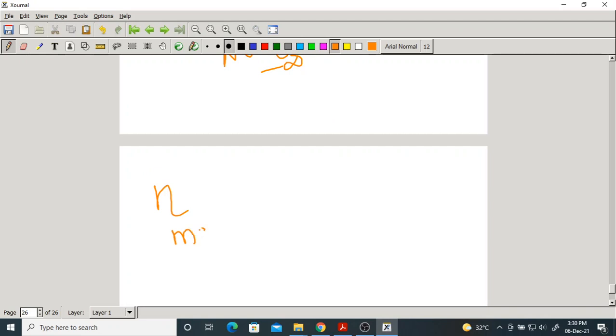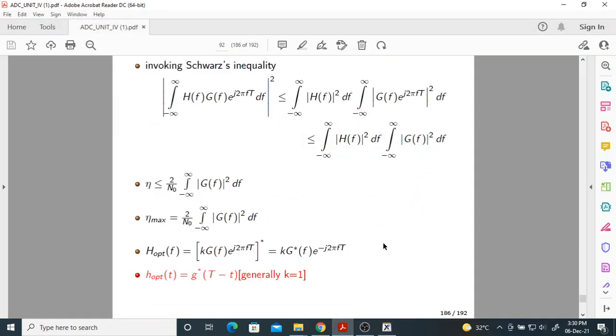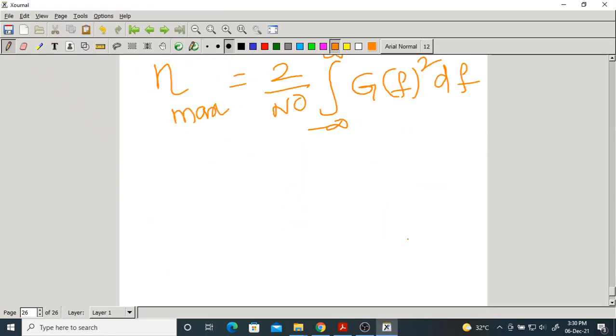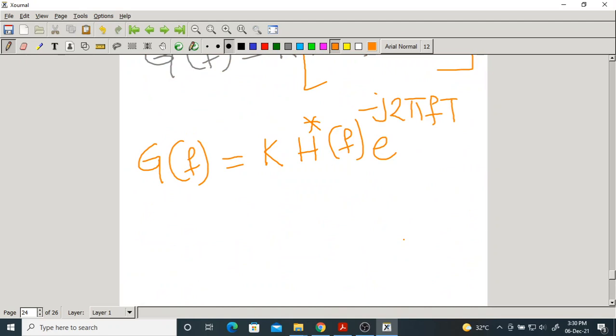Maximum SNR equals 2 by N naught times the integral from minus to plus infinity of G of f whole square df. When it is maximum, please remember, equality holds whenever this condition is satisfied.